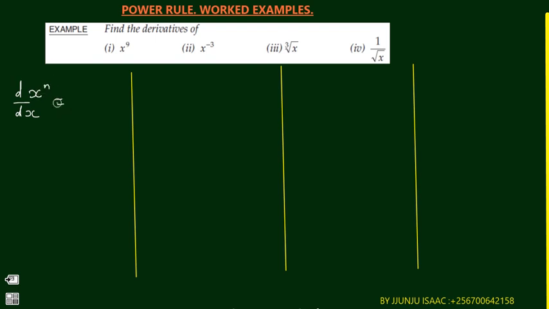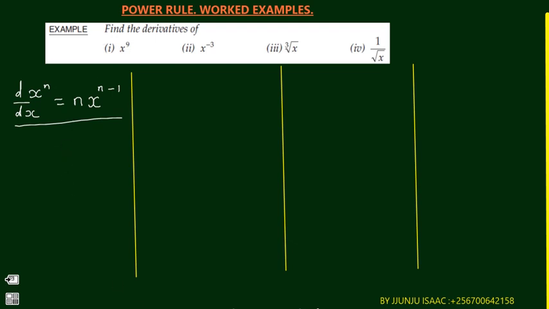We pre-multiply that power, we write n, then x. Now the power will reduce by 1. So we have 4 examples here which we are going to work upon, and we apply this rule.